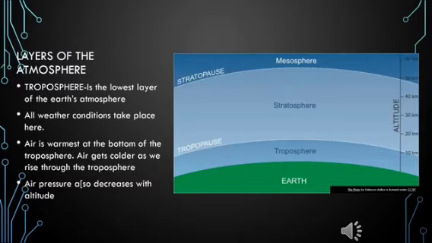Now, you can see the troposphere. This, which is the lowest layer of the atmosphere, is the layer in which all the weather conditions take place. Now, what happens in the troposphere?